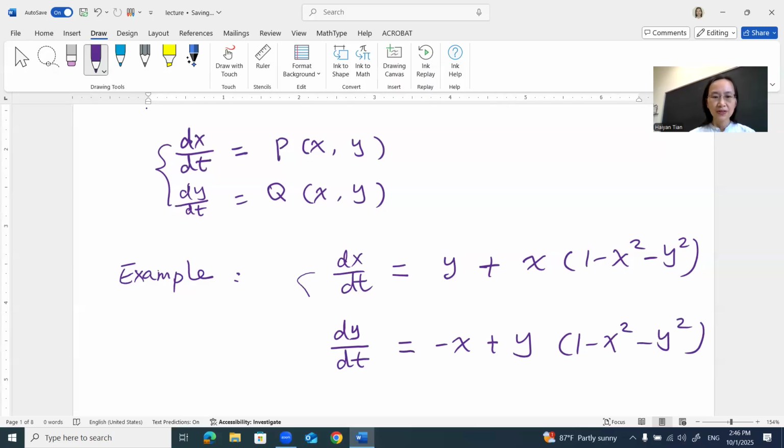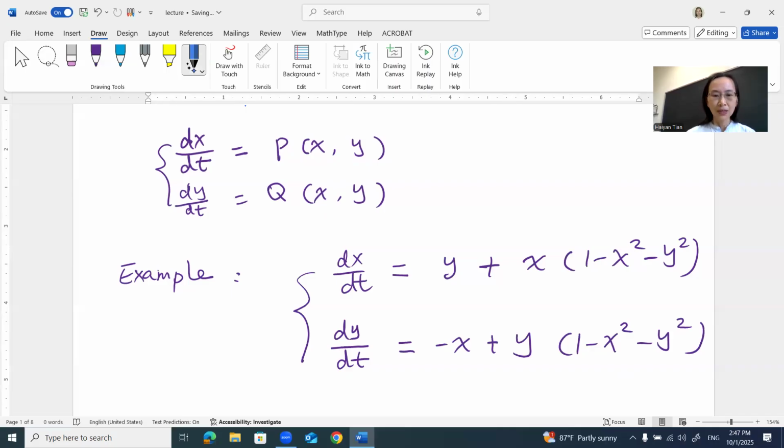So for this system of two equations, here we see a very specific expression given as the P function. The Q function is also specifically this one, negative x plus y times this parenthesis.